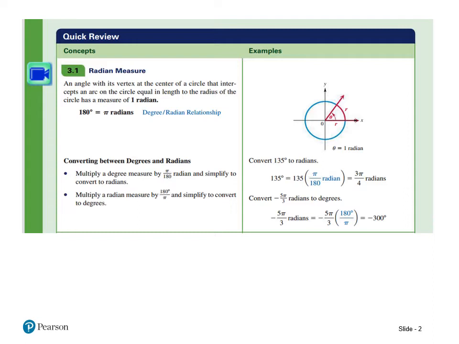Probably one of the important things to remember here is that 1 revolution, which is 360 degrees, is the same measurement in radians as 2 pi.